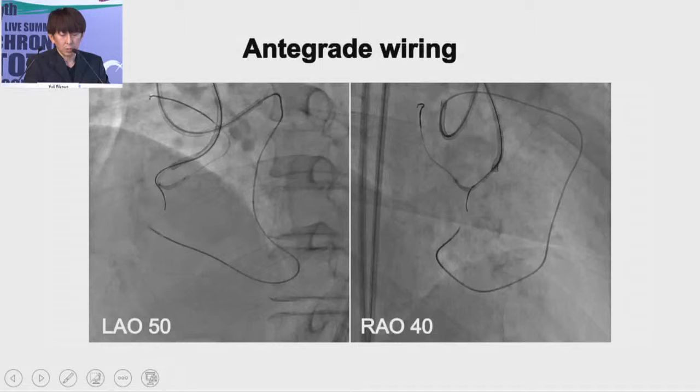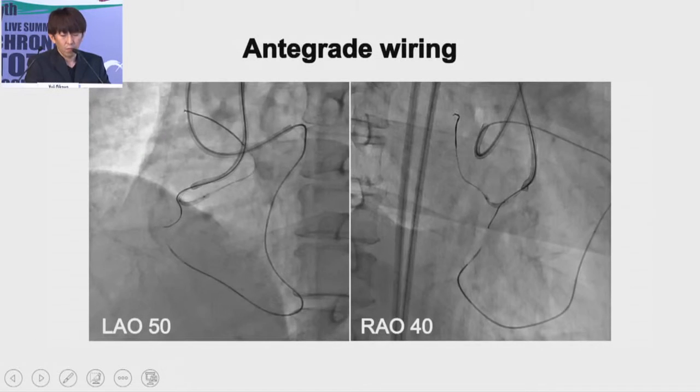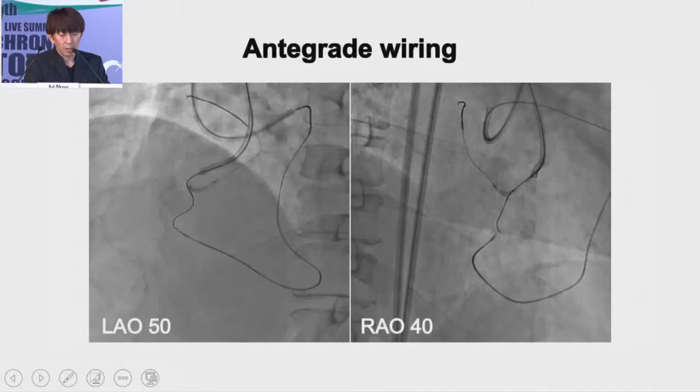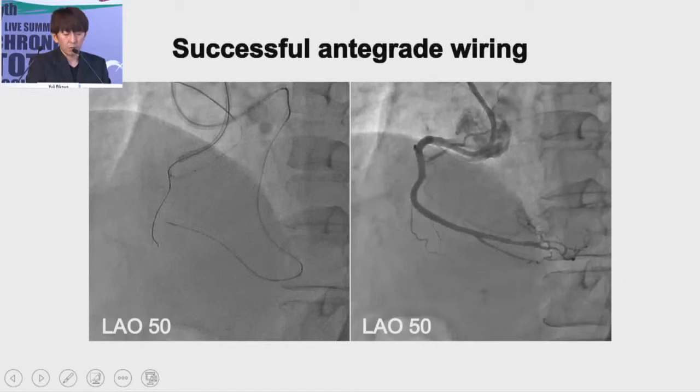I advanced this wire. Finally, I crossed this wire to the distal. Antegrade success. I got this satisfied result in the right panel.